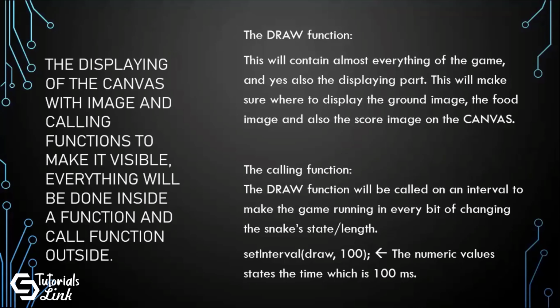For this, we will use setInterval with draw, which is calling the function draw, and with a numeric value, 100. This states the time, which is 100 milliseconds. If I just say 1000, it means 1 second. Fine. I hope everything is clear till now, because this is the draw function for our project which we are going to make. So let's just move ahead.